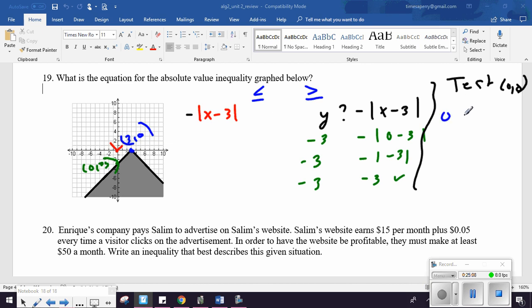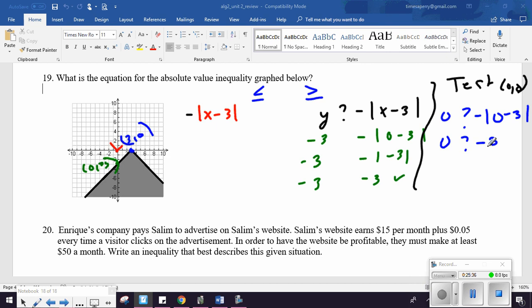We don't know what symbol it is yet. The shading will help us determine the symbol. And then we have our negative absolute value of 0 minus 3. So 0, question mark, and that's going to give me a negative 3 on this side. I've already calculated that. So it didn't shade the side 0, 0 was on.